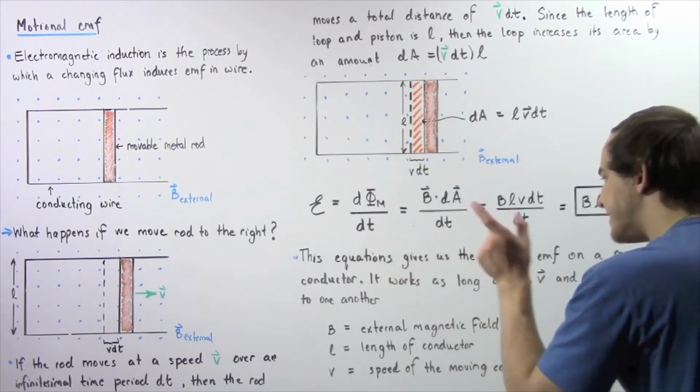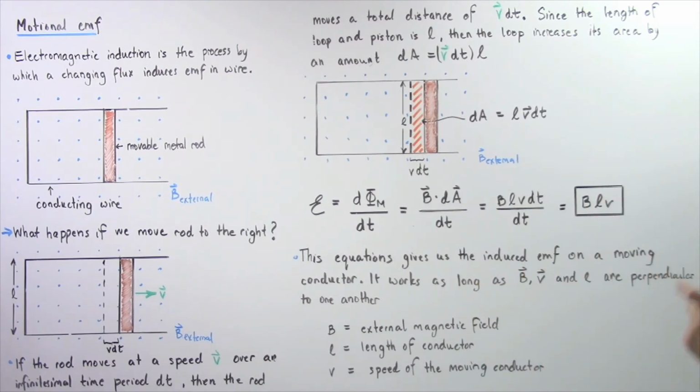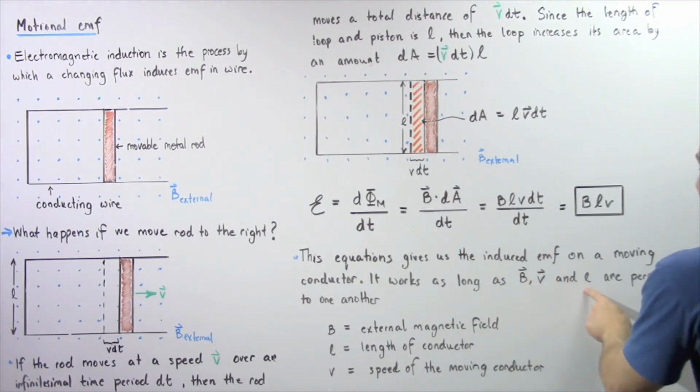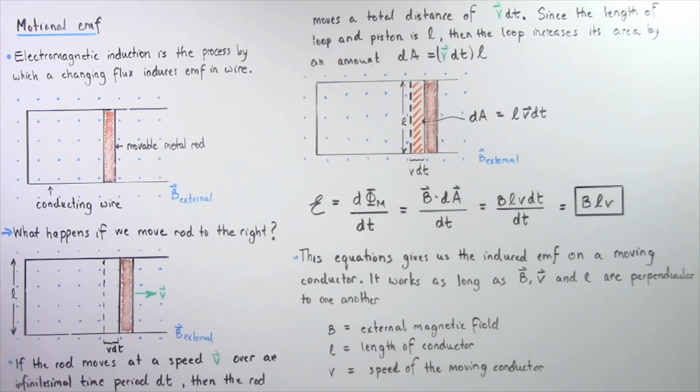So this equation gives us the induced EMF on a moving conductor, and it works as long as our B, our v, and L are mutually perpendicular with respect to one another.